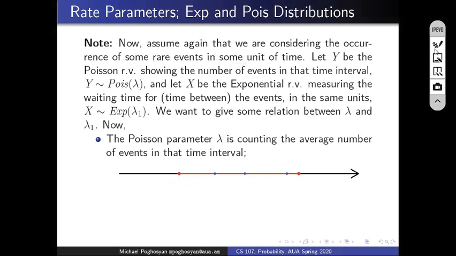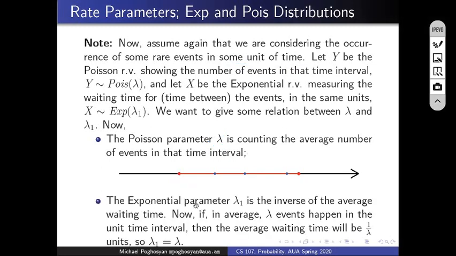Okay, and continuing, what is exponential parameter lambda? It is the inverse of the average waiting time, as we have defined it. Now if on average in a unit time interval we have lambda events, say we have 3 events here, then the time between them on average will be 1/3.